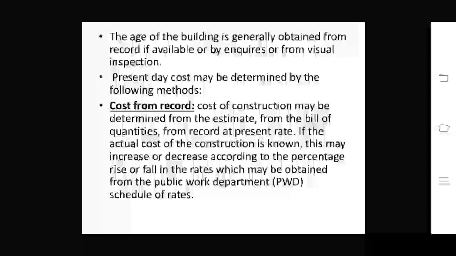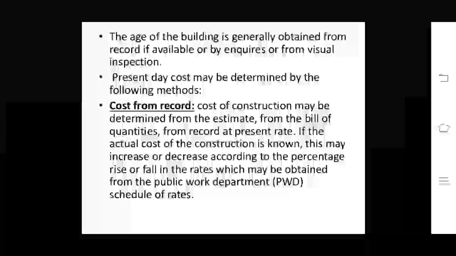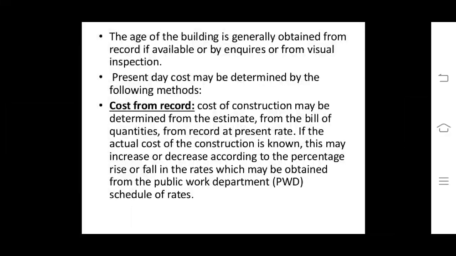The valuation can be done by cost from a record. Cost of construction may be determined from the estimate or the bill of quantities from record at present rate. If the actual cost of construction is known, this may be increased or decreased according to the percentage rise and fall of the rates, which may be obtained from the Public Works Department (PWD) schedule of rates.